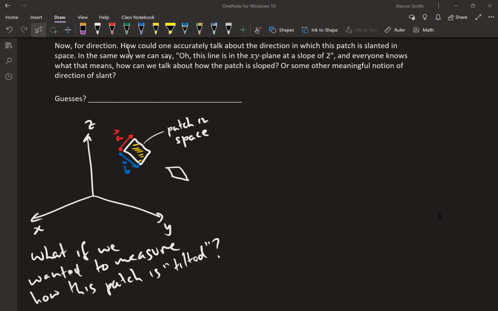So vectors is how we normally would describe direction, right? Can you tell me a vector that can describe how this patch is slanted?